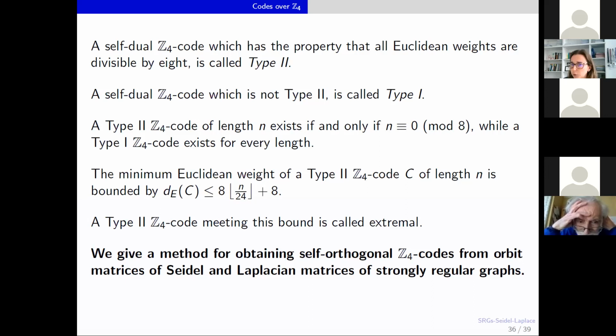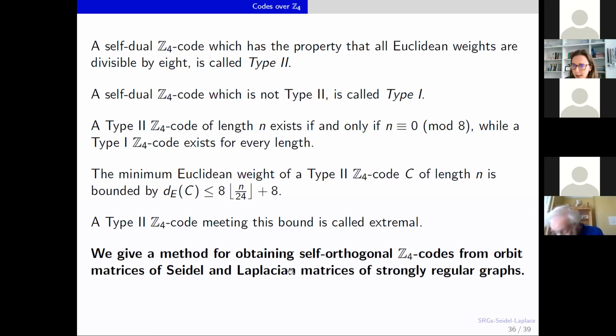A type 2 Z4 code of length n is known to exist if and only if n is congruent to 0 modulo 4. The minimum Euclidean weight of this type of code is bounded, and if you have a type 2 Z4 code that is meeting this bound, it is called extremal.